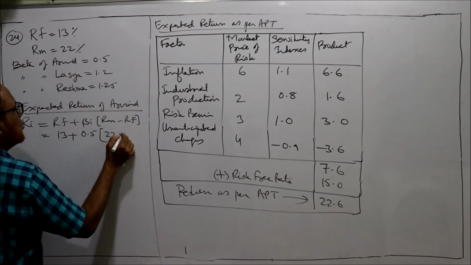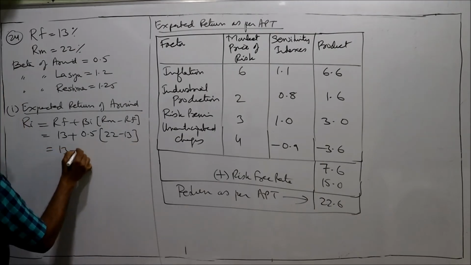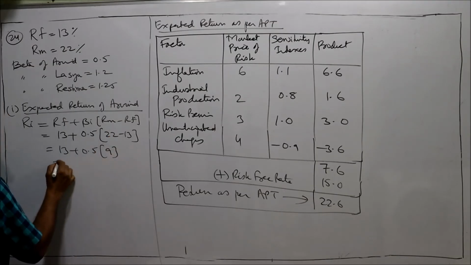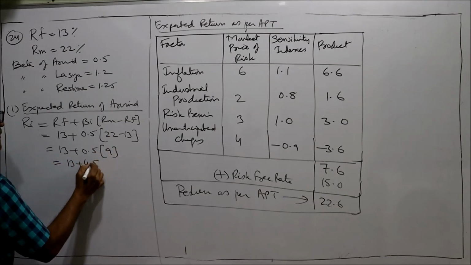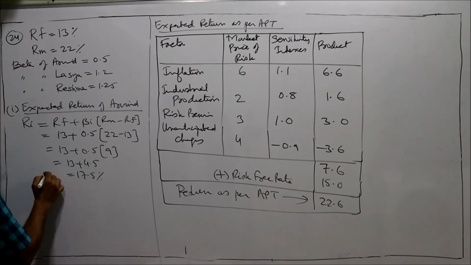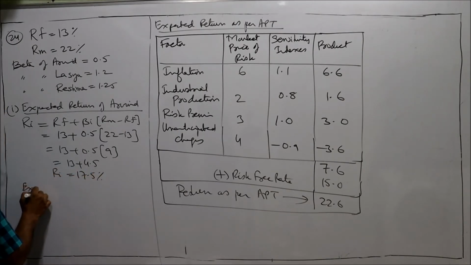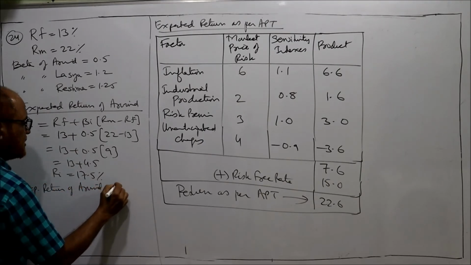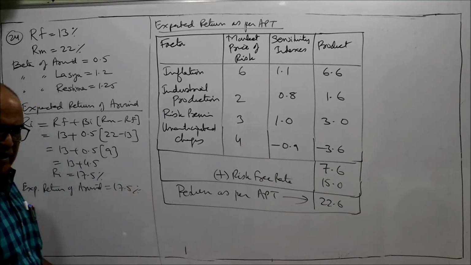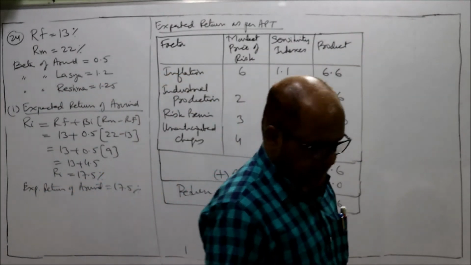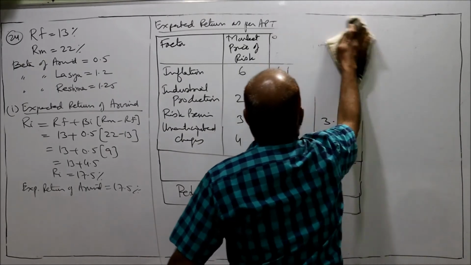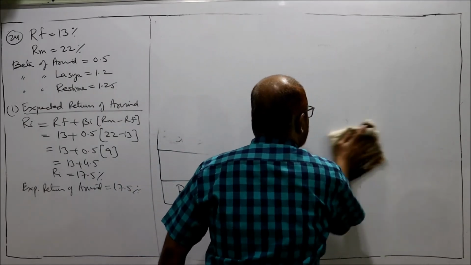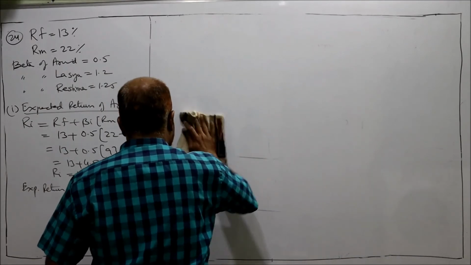Market return is 22 minus 13. 13 plus 0.5 into 22 minus 13, which is 9, is 13 plus 4.5, 17.5% is the return. Expected return of Arvind is equal to 17.5%. So we got one answer, the expected return of Arvind.